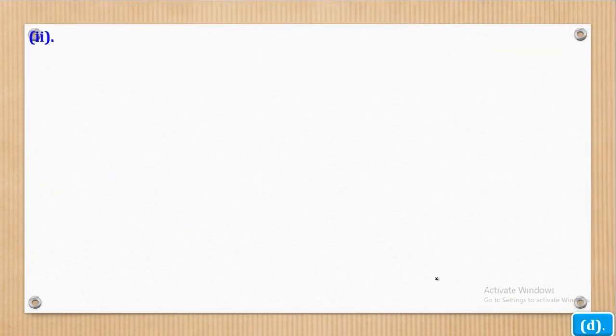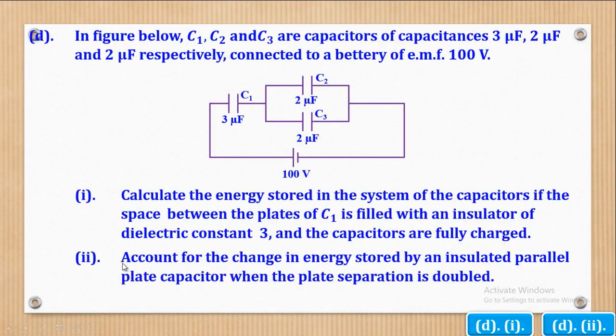So now we shall go to Roman 2. Roman 2 says, account for the change in energy stored by an insulated parallel plate capacitor when the plate separation is doubled. In other words, when it is increased.